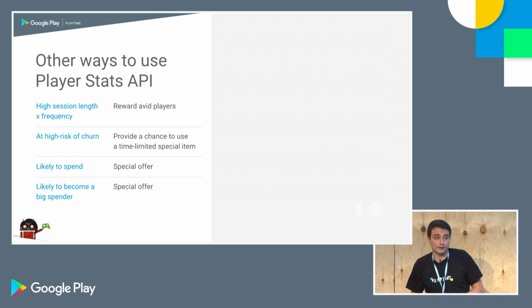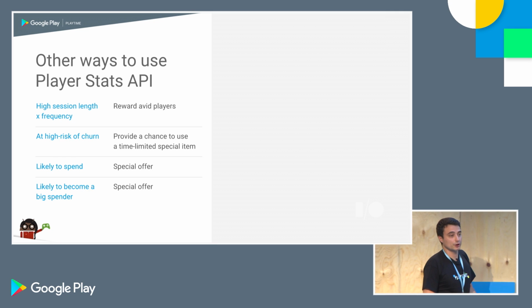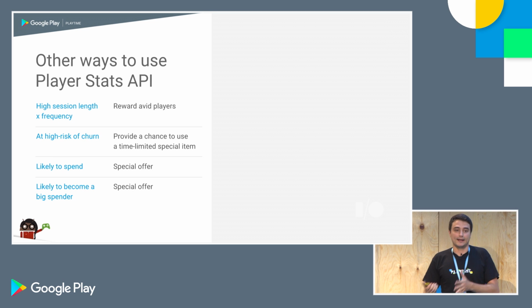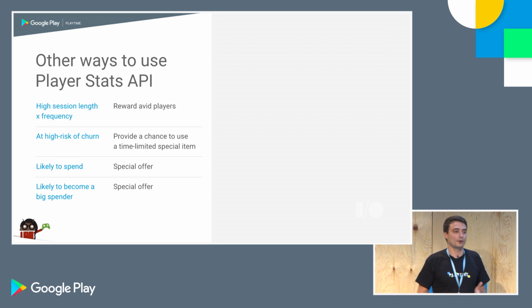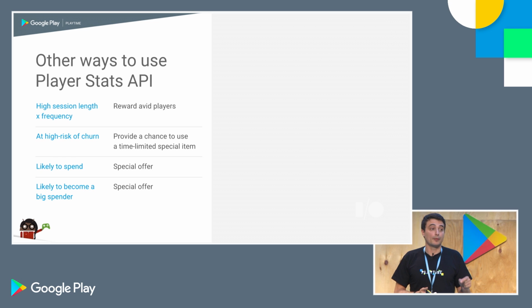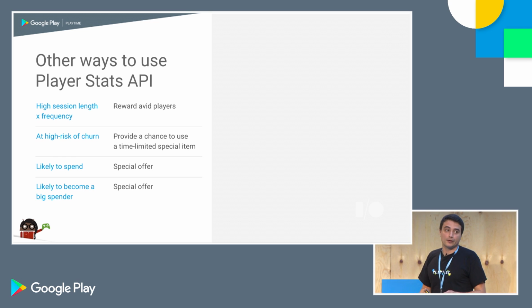You can also target users that are at high risk of churn with some time-limited special item that they can get if they get back to your game as soon as possible. You can reach them with a notification, you know who they are because they have a high probability to churn, and you get that from the player stats API.